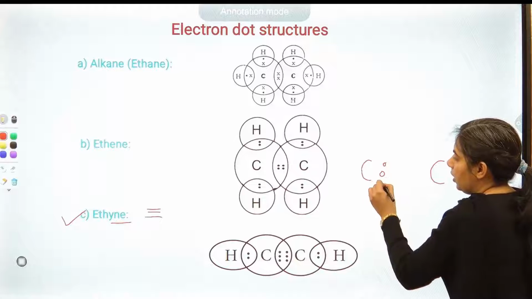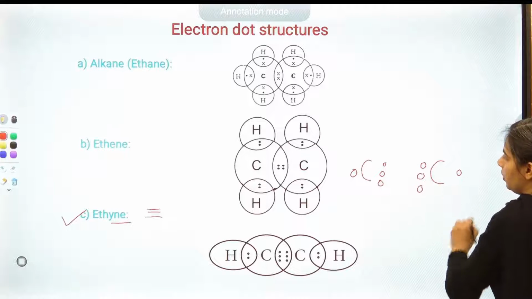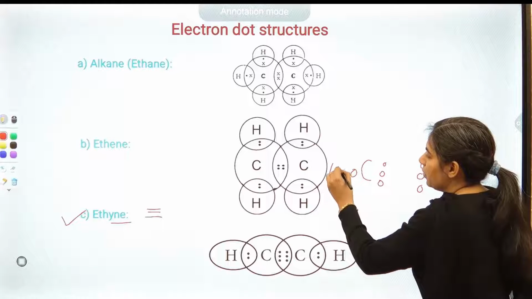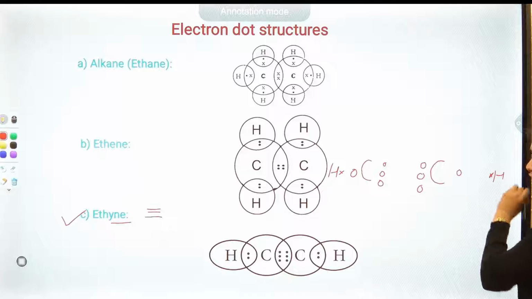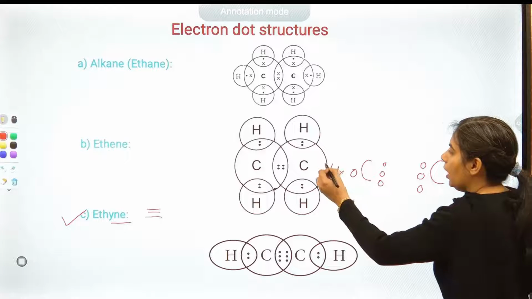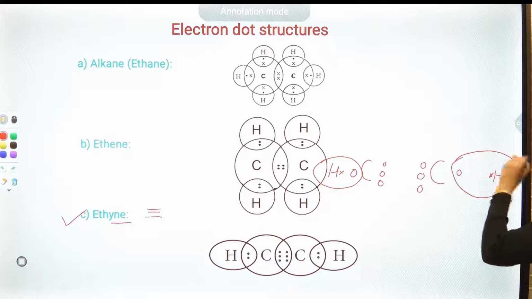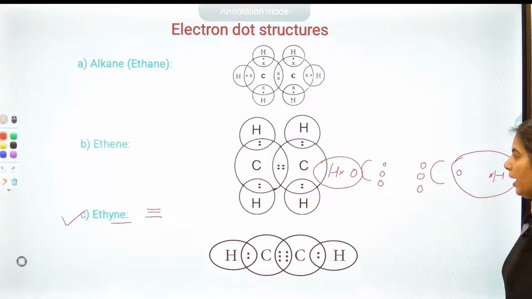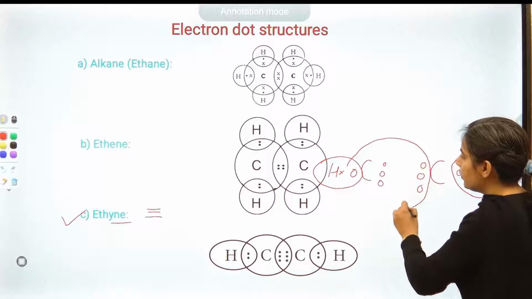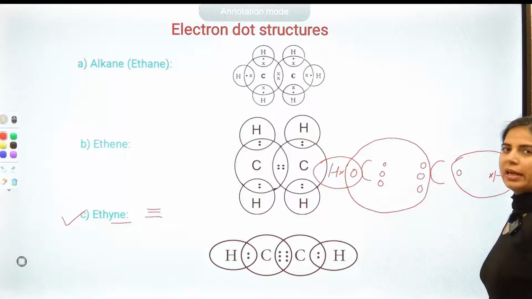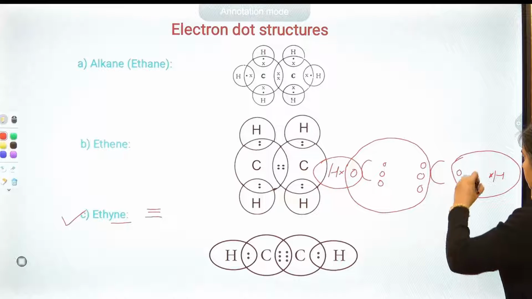Again, each carbon has 4 electrons of its own and 1 electron will be shared from hydrogen. Here, hydrogen will complete its octet by sharing 1 electron from the carbon, and on the other hand, carbon is completing its octet by sharing 3 electrons from the neighboring carbon and 1 electron from the hydrogen.